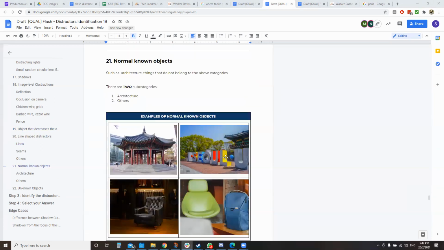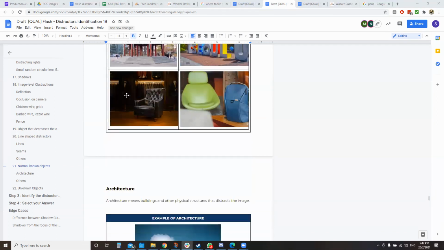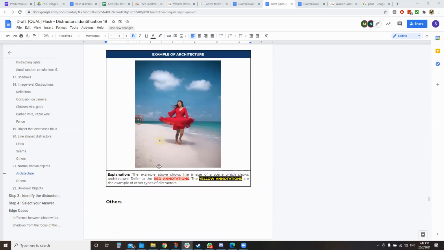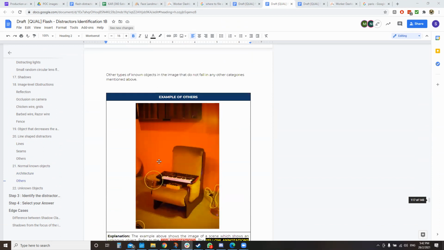So normal known things, any architecture, any buildings that you think are distracting, you can label them. See here, architecture. This one is aesthetic, object that decreases aesthetic. And then here you have other things. This is object others, known object.